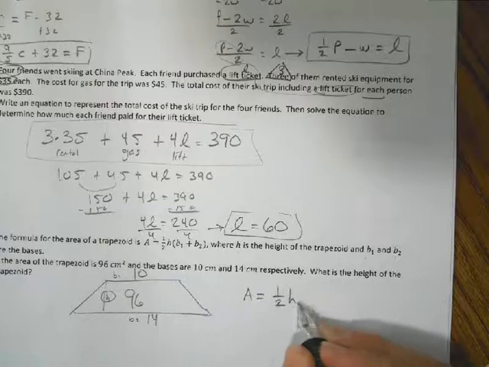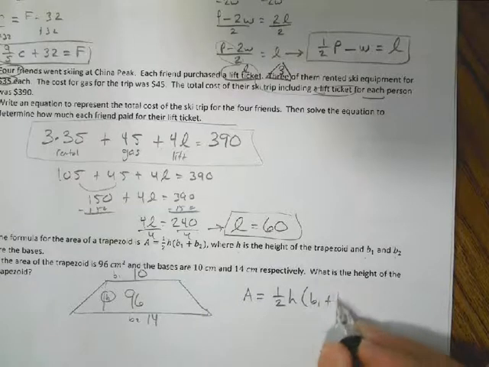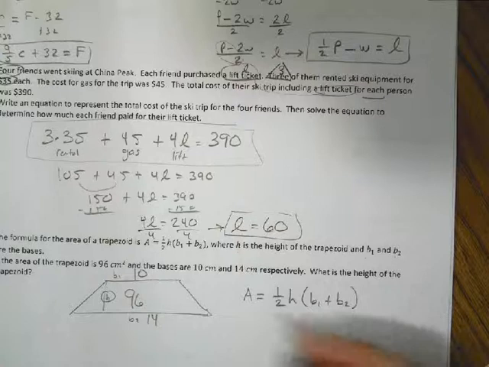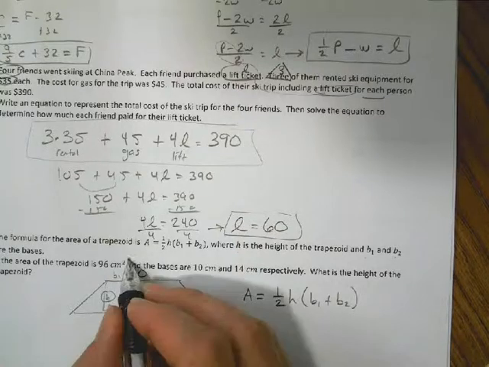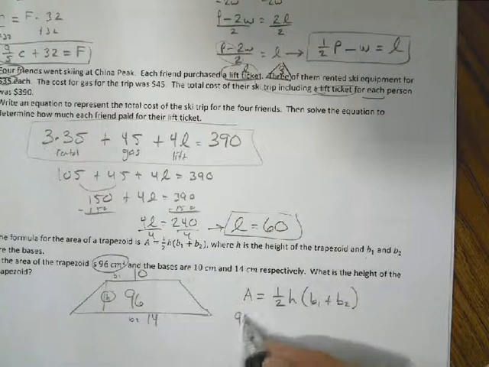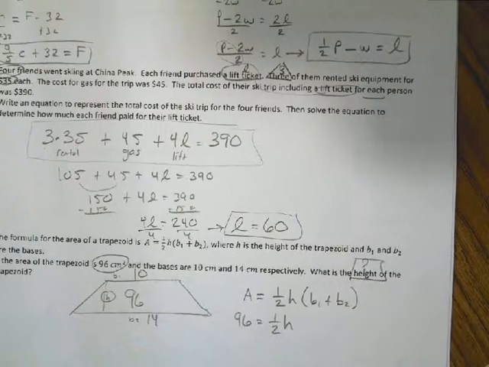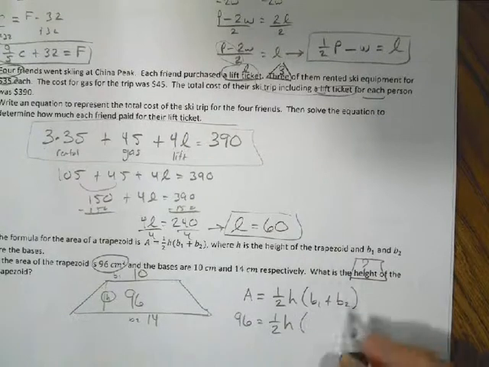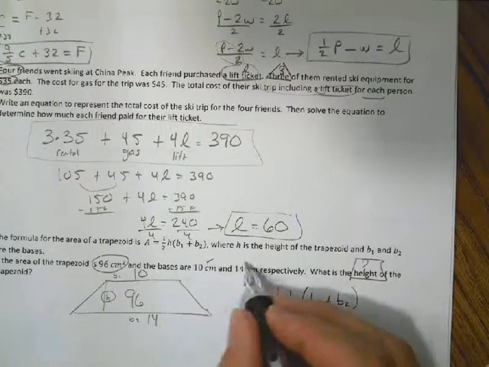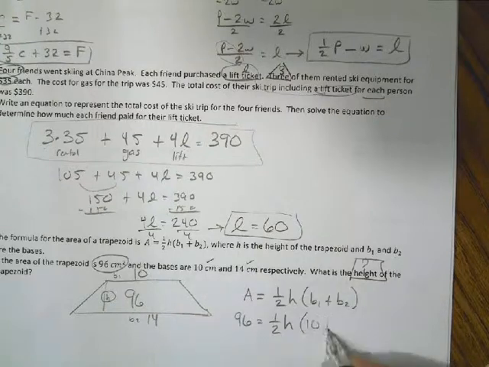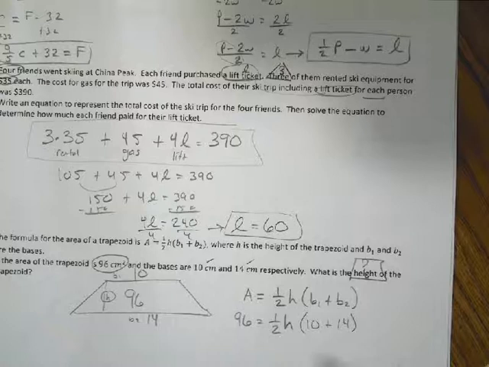A equals 1/2 h times b1 plus b2, and we're going to plug in the numbers that they gave us here. They told us the area, which was 96, and that's going to equal 1/2 of h. We don't know what h is. That's the height. That's the unknown value. And that's going to be multiplied by base 1 plus base 2, 10 plus 14.